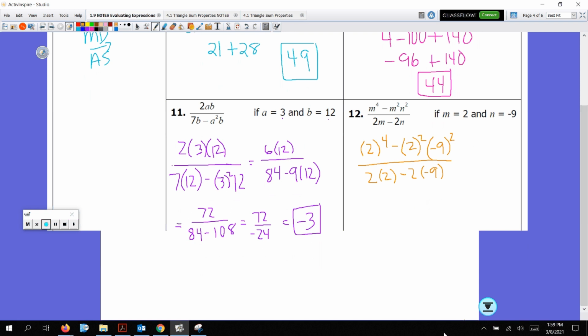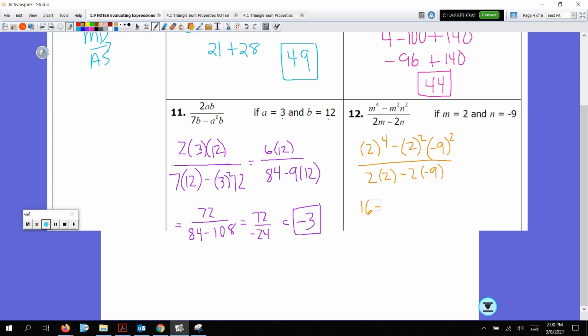All right, so we got a lot of exponents up here, so we can go ahead and calculate all of those exponents together, right? 2 to the 4th power, well, you better get out your calculator, because I don't even know if I know what that is. 2 to the 4th power, I think it's 16. It sure is. So 2 to the 4th power gives us 16.